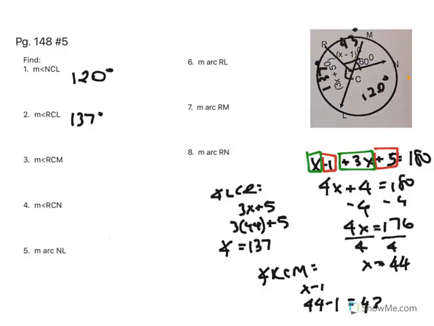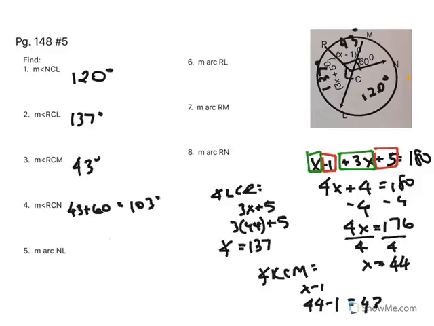Next, it asks us to find RCM. RCM is 43. We know that. RCN. And that is going to equal 43 plus 60, because RCN encompasses both of those pieces. So we get 43 plus 60, and that gives us 103 degrees.